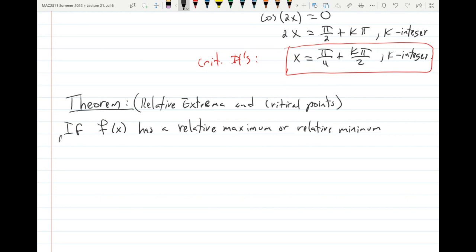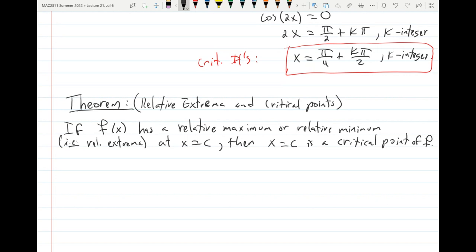Okay, so relative extrema. So if f of x has a relative maximum or relative minimum at x equals c, then x equals c is a critical point of f.